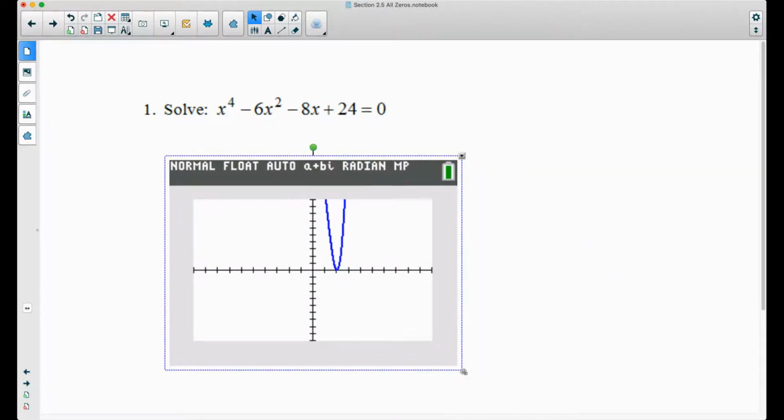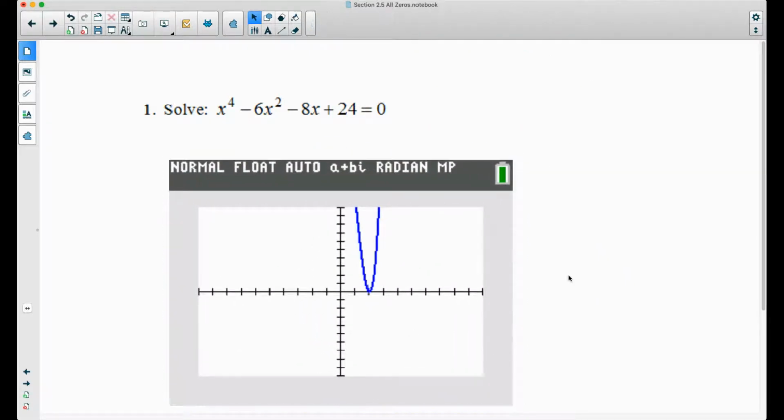Okay, so when we look at this graph, do not trust a double root unless you have to. So we're at 2. So at least one of our zeros is 2. I am not going to let you go without having enough information that gets you down to a quadratic.